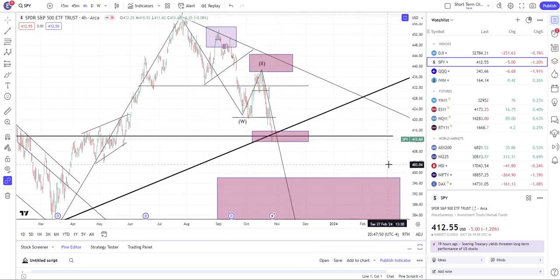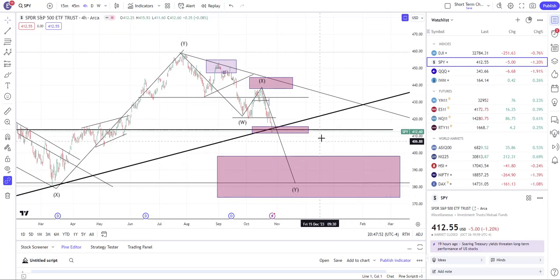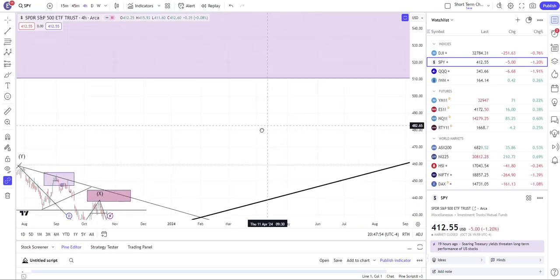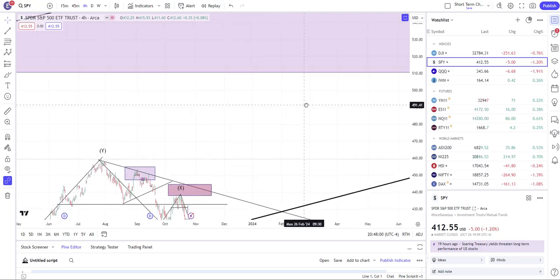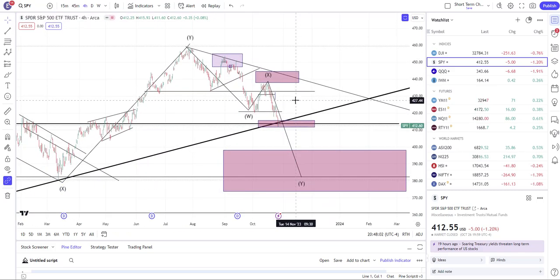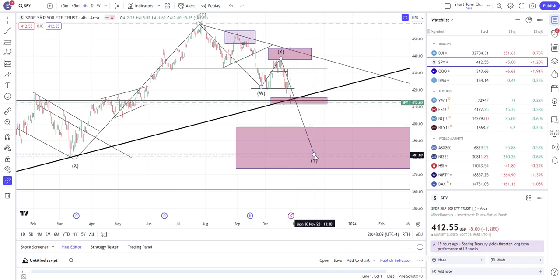If this is the pattern that I have here, then we would get a whole other leg up before we need to worry about a greater decline. But anyway, this is now a very dangerous setup, and I do believe we'll still be going lower, grinding lower.